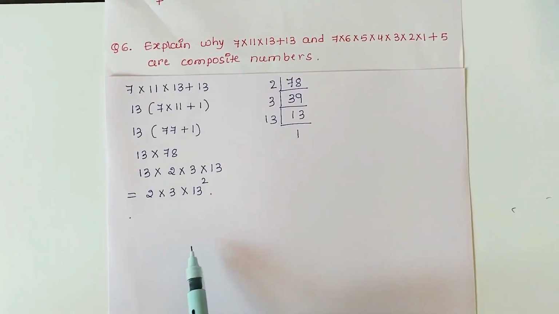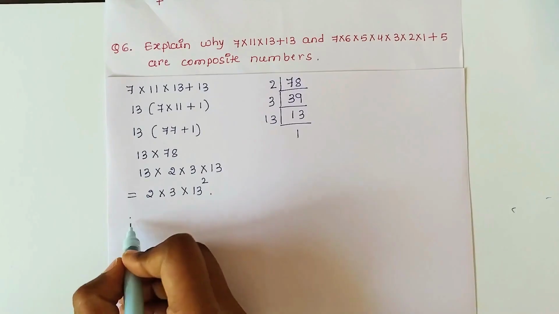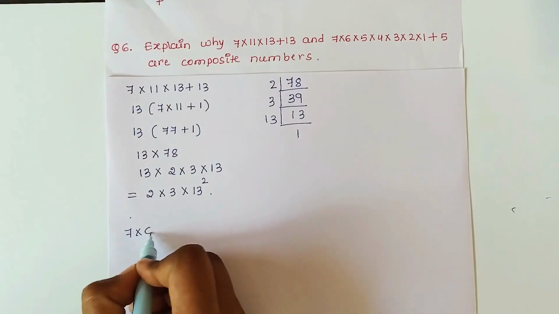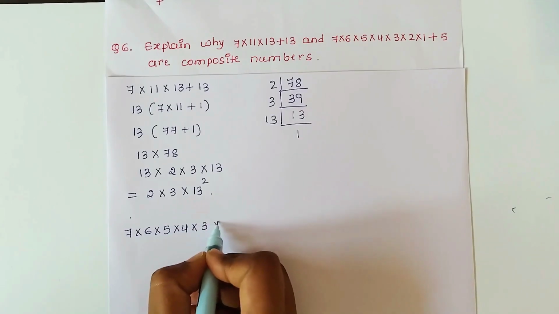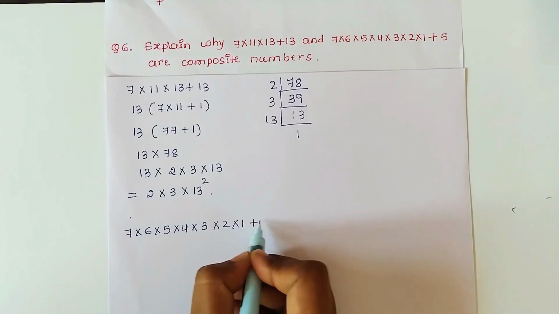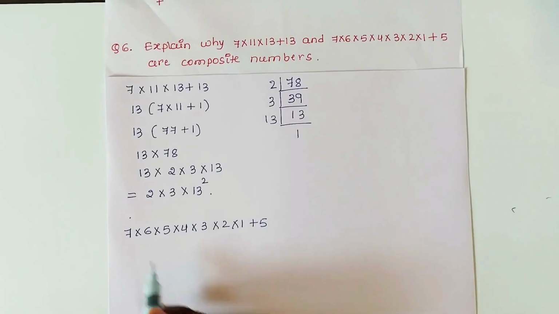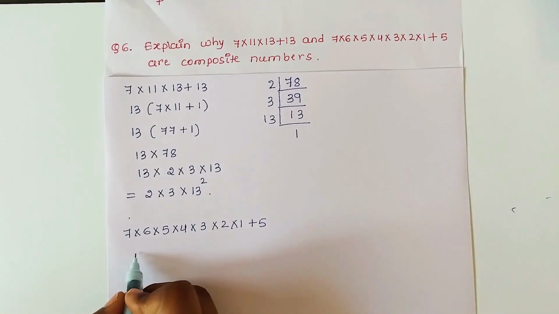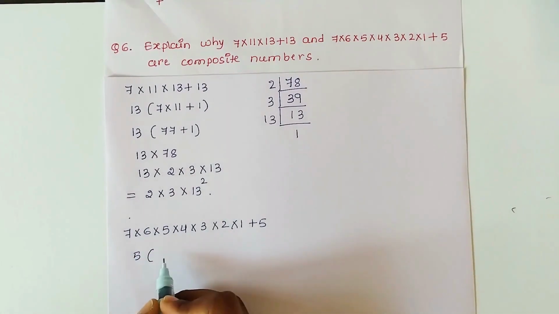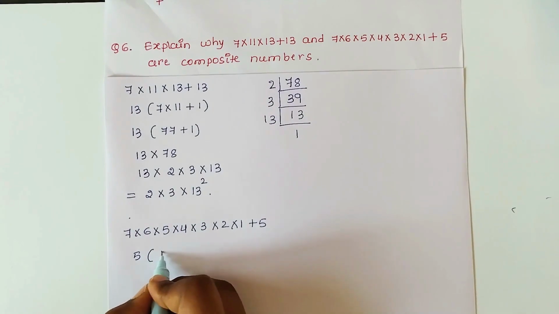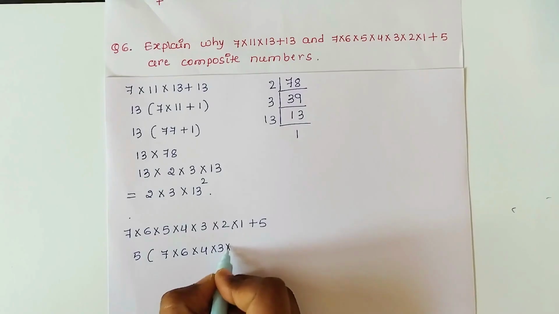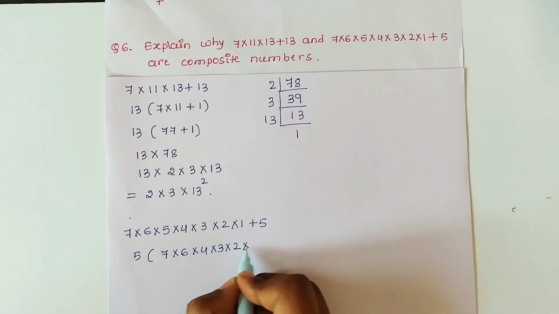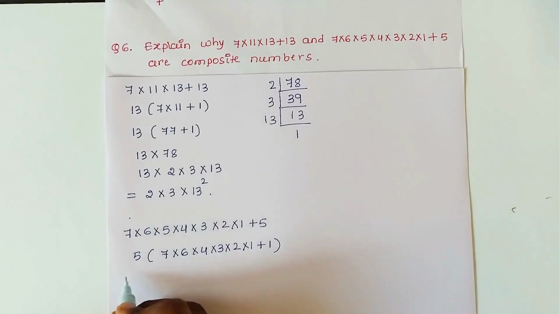Next we will check the second number, that is 7 into 6 into... So the second number is this. See, take 5 common. So the remaining is... plus 1.